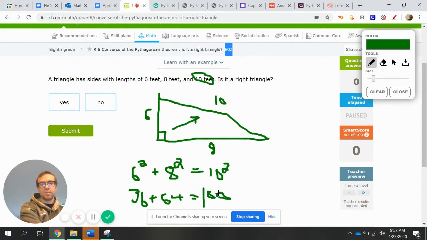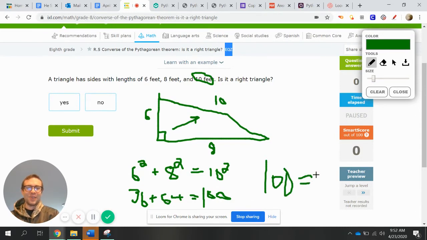If you added 36 and 64, you would see that you would end up getting 100. So this is 100 equals 100. So again, you're just putting these numbers in for the Pythagorean theorem, and then seeing if your a squared plus b squared equals that c squared.